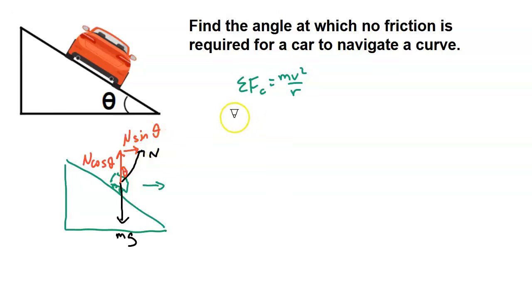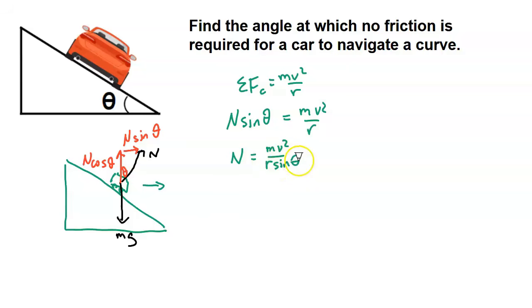That is the only force. That n sine theta is playing the role of centripetal force, and that is equal to mv squared over r. So we're going to try to isolate n here, and we get mv squared over r sine theta.